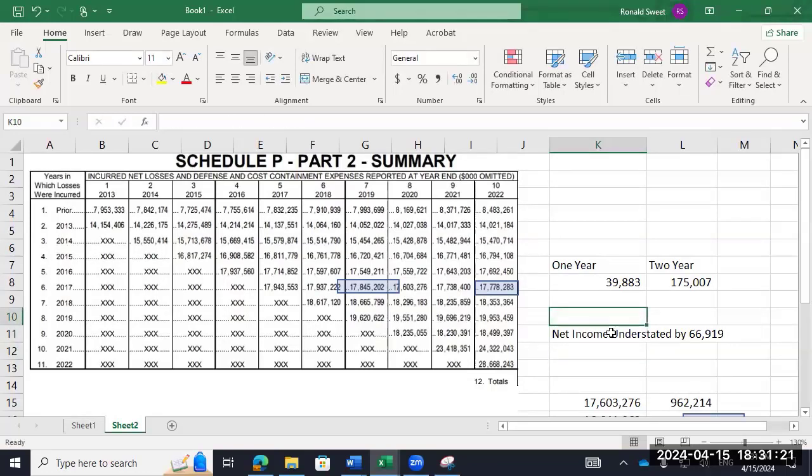All right, so what's the problem with this problem? Well, we know in 2016 they thought it was 17,937. So you could argue that net income is actually overstated because they released 100 million here, but I'm somewhat ignoring that. I'm saying if in 2019 they had known this number, what would their net income have been?